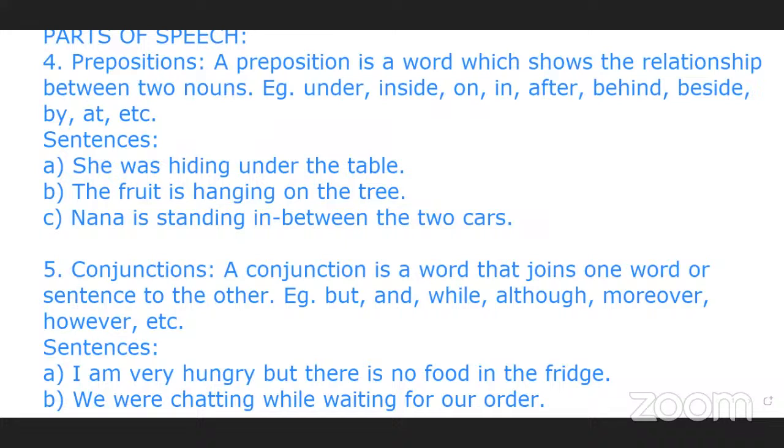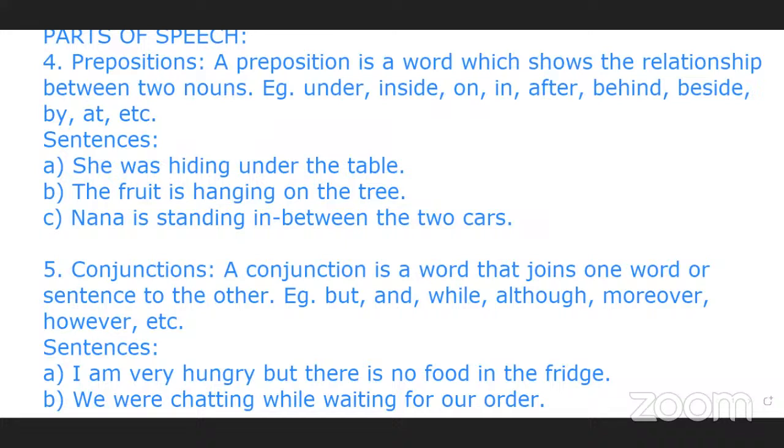It shows where one noun is positioned in relation to another noun. So don't confuse them. Prepositions show relationship between nouns. That's where we gave an example: She was hiding under the table.